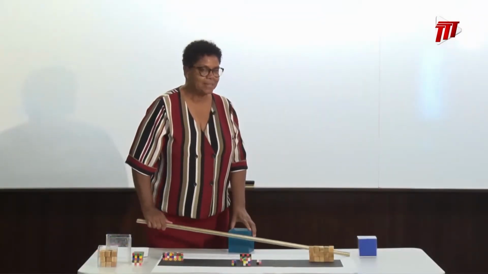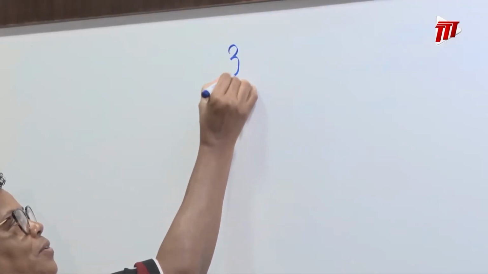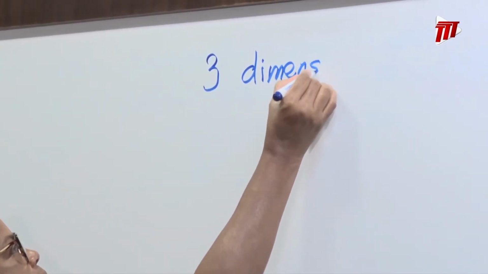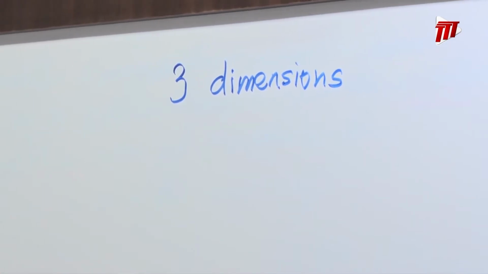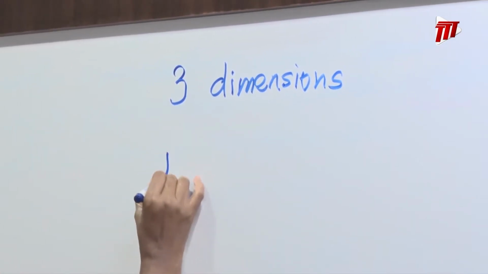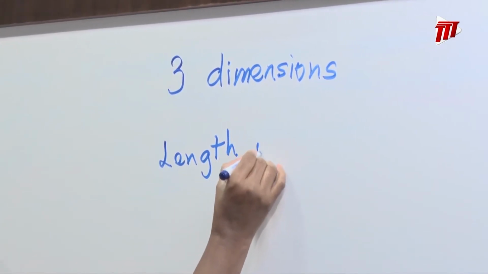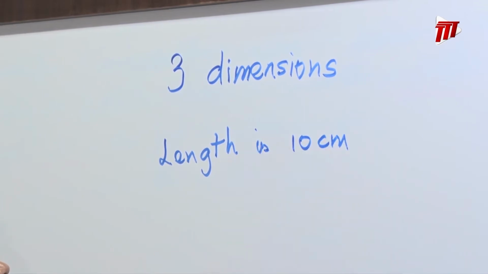So I'm going to write those 3 dimensions on the board. So we have 3 dimensions. We have the length, and the length is 10 centimeters.